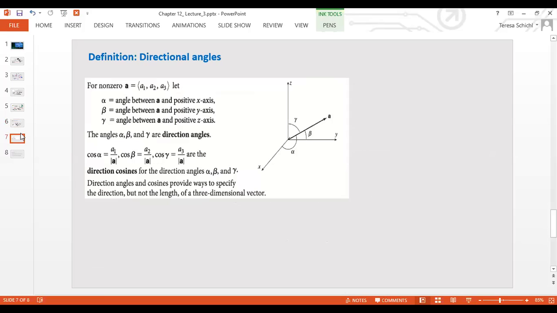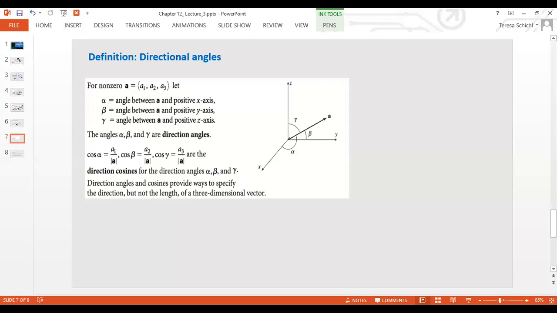Okay, this is another definition, and this definition we call the directional angles. So the directional angles, basically, if you have vectors in the space, I want to find the angles of this vector to the x-axis, y-axis, and z-axis.